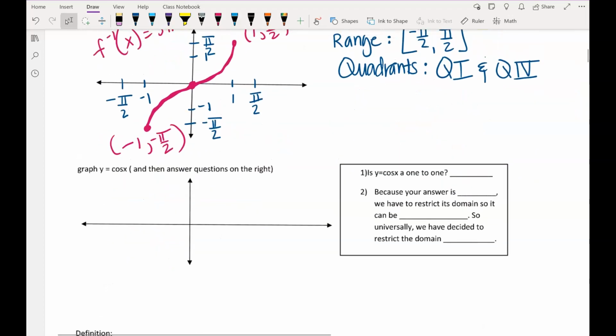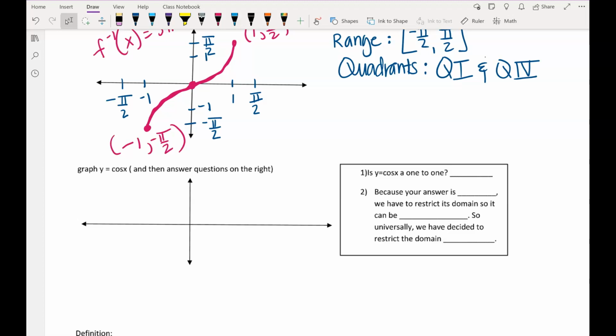Everyone, sketch out cosine of x for me, please. Do a period on the right, do a period on the left. Once you're done, please compare your graph with your friends.